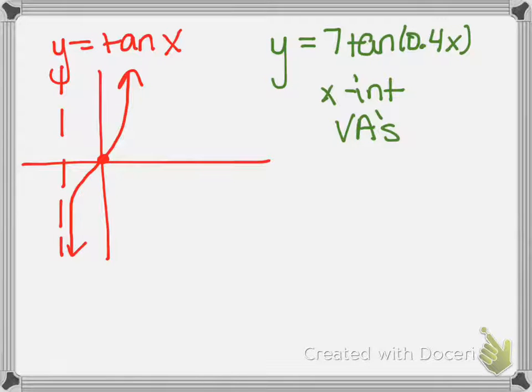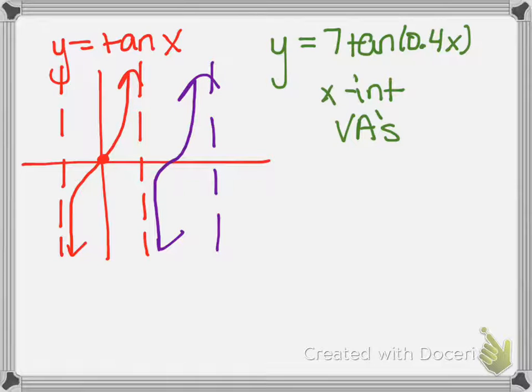So this right here is what we refer to as the primary cycle of that tangent function, and then it repeats itself over and over and over again. So you would have another cycle that would look just like it, another vertical asymptote, and so forth and so on.